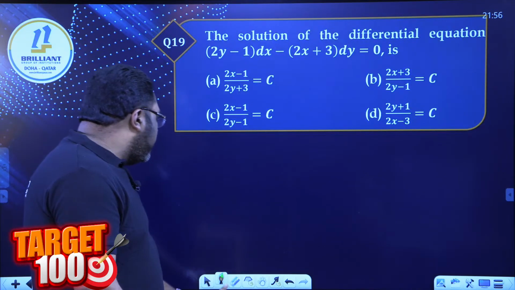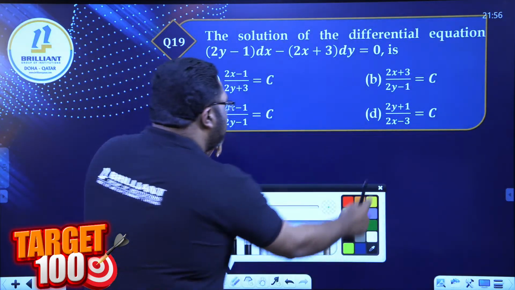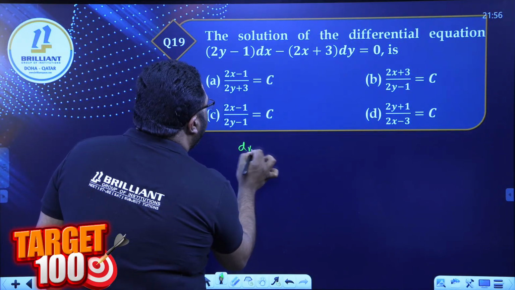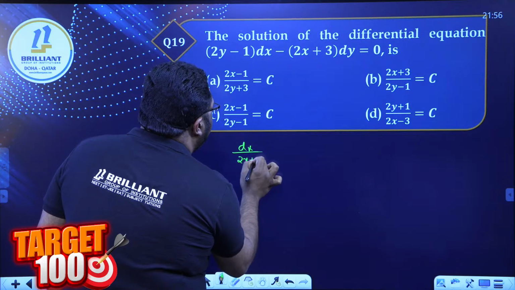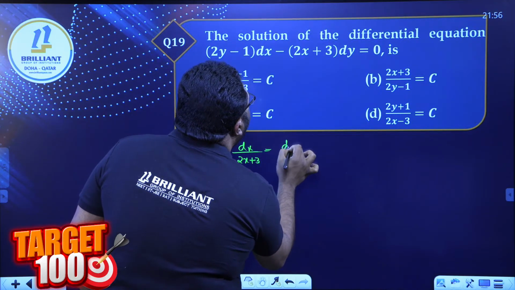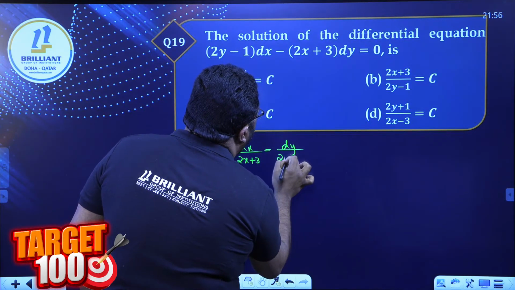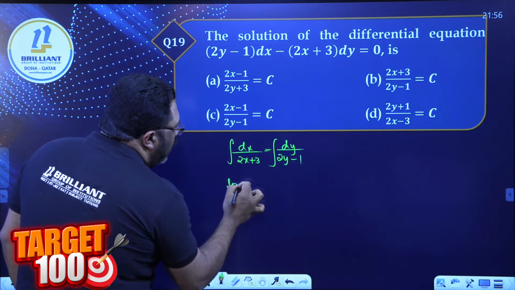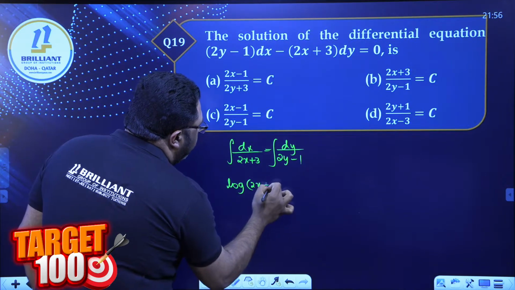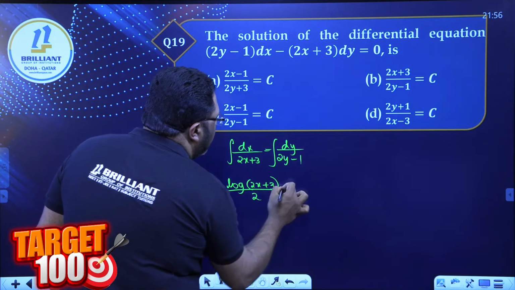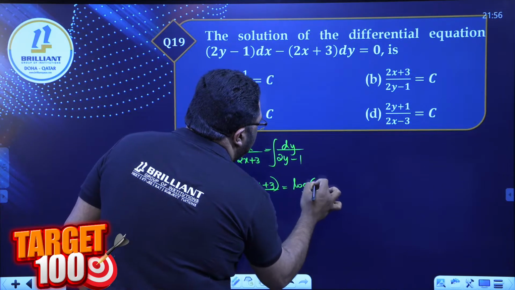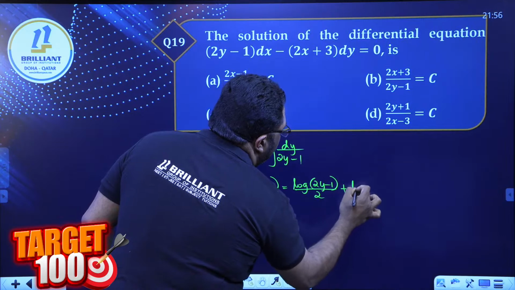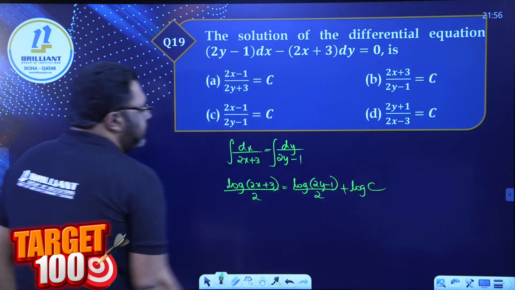Again, solve a differential equation. So yes, it's a separable form. Straight away I'm writing it. dx by 2x plus 3 equal to dy by 2y minus 1. Integrate both sides. You will get log of 2x plus 3 by 2 equals log of 2y minus 1 by 2 plus log c.